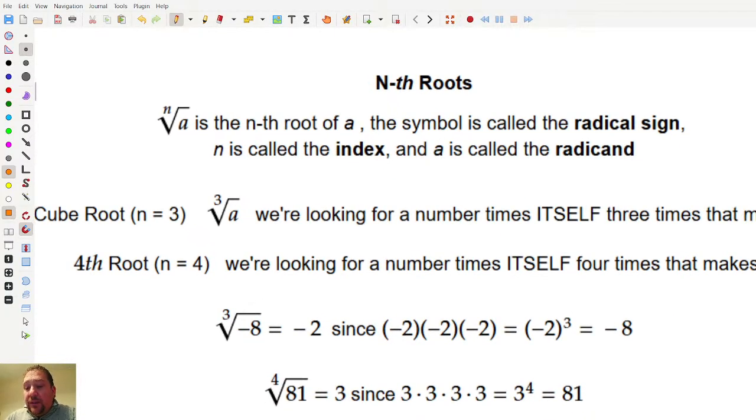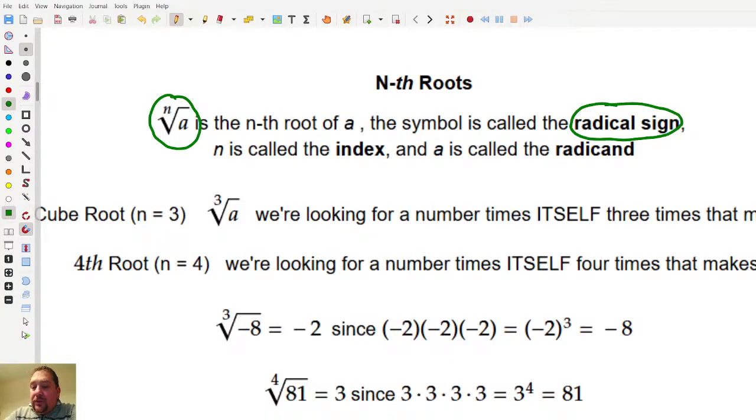So the symbol, the nth root of a, which we see right here that I just read, the symbol is called a radical sign. The n is called the index, and the part inside the root is called the radicand.